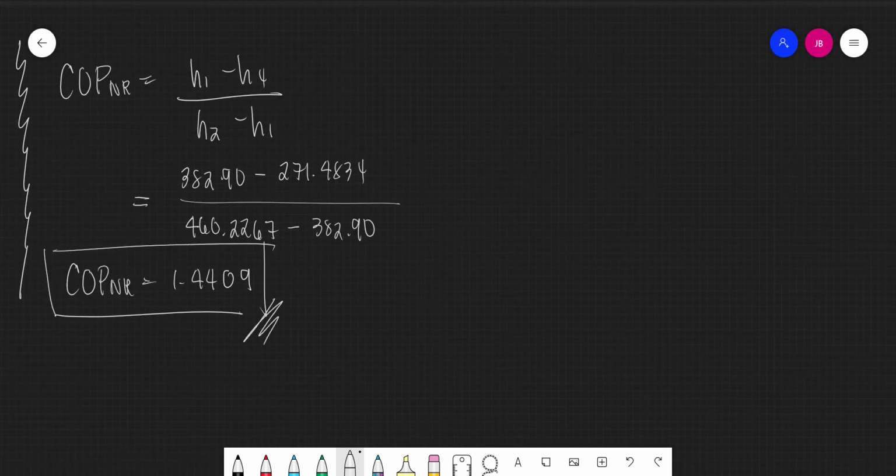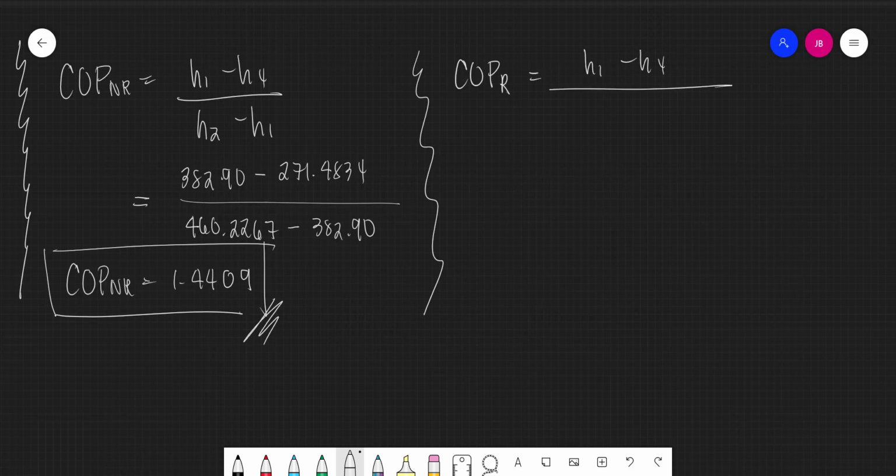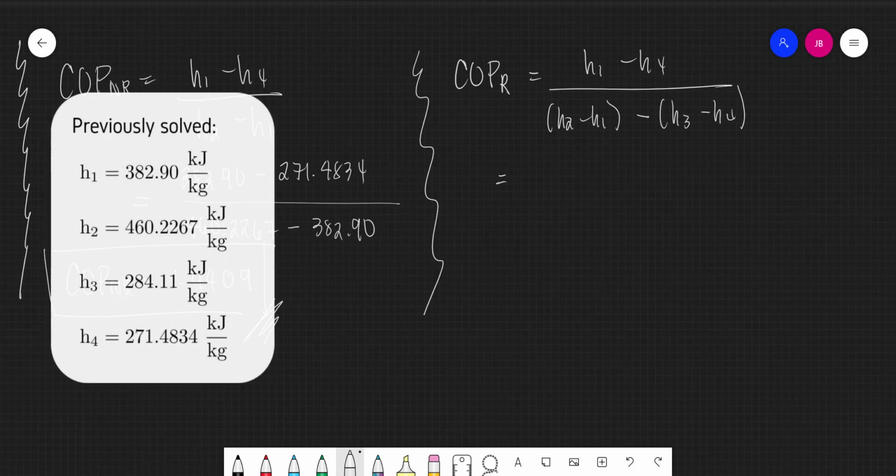Ang COP naman ng pangalawang scenario, kung saan ang expander power ay recovered, ay binibigay ng sumusunod na formula. We have COP recovered that is equal to H1 minus H4 divided by H2 minus H1 minus H3 minus H4. So input lang natin lahat ng values ng enthalpies.